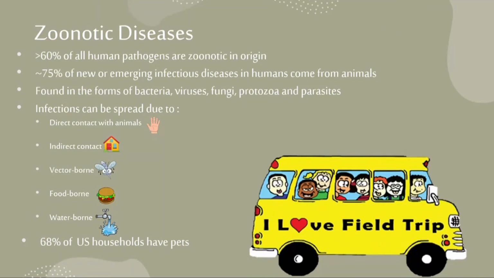So every single day you're coming into contact with these and have the potential to be in contact with these pathogens as well. Zoonotic diseases are found in bacteria, viruses, fungi, protozoa, and parasites. We're going to hit on a couple of the ones that we commonly see or commonly think about, at least in pediatric patients.